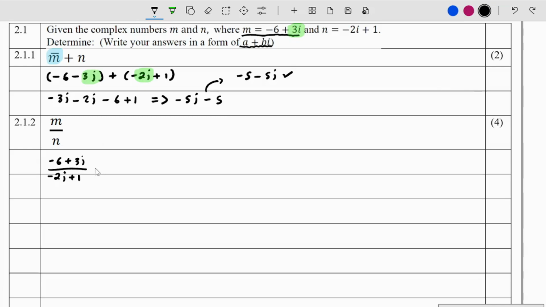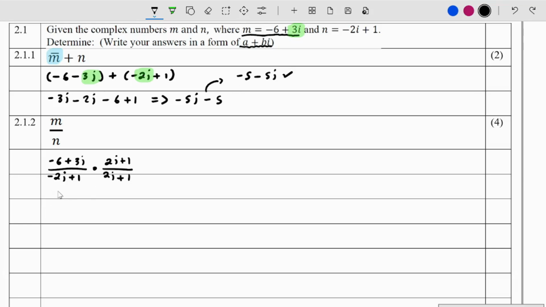This is a division, so we have to multiply by the conjugate of the denominator. The conjugate of negative 2i plus 1 is going to be positive 2i plus 1. So you're going to also multiply this by 2i plus 1.